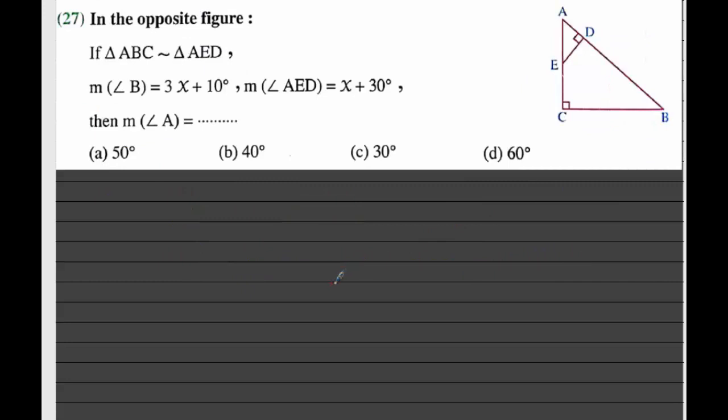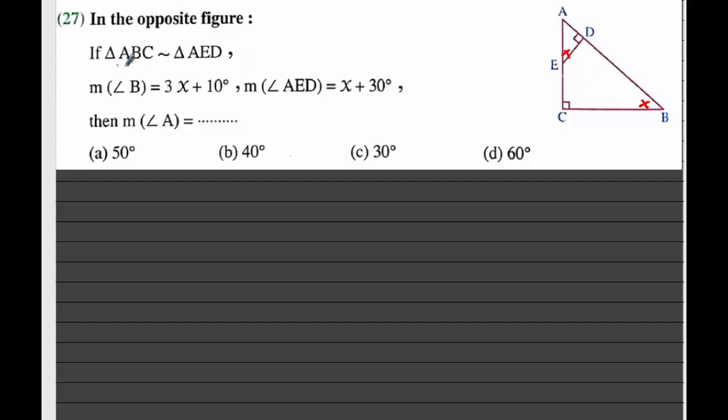Next question. Here we have two triangles. Triangle ABC is similar to triangle AED. From similarity, you can deduce that we have a common angle A and the measure of angle B equals the measure of angle E. Again, from similarity, the corresponding angles are equal in measure.